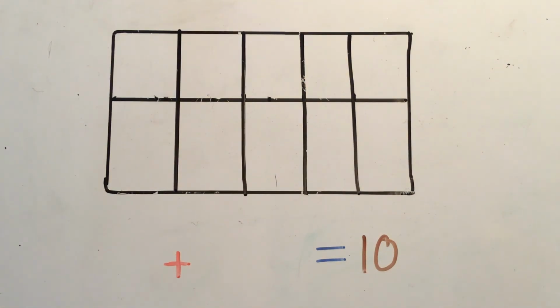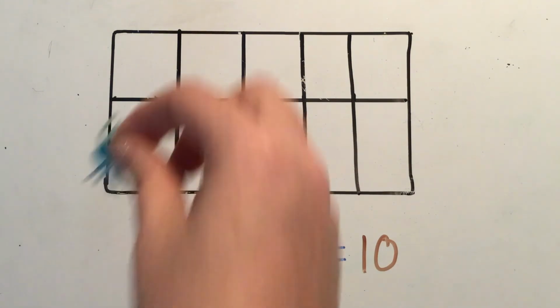We've been practicing making number partners for the number 10, and we have already used the number 1, 2, 3, 4, 5, 6, 7, 8, 9. What number would be next? The number 10. Oh, I'm excited for this.